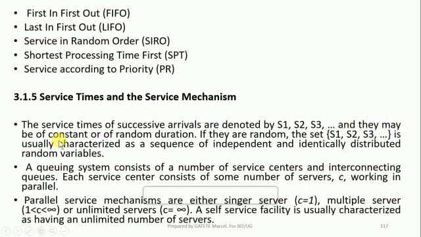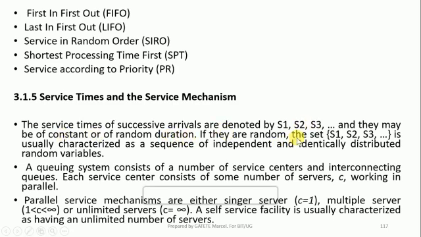They may be of constant or random duration. Constant can be 1 hour, 2 hours, 3 hours; if it is 1 hour, 20 minutes, 40 minutes, this is random duration.